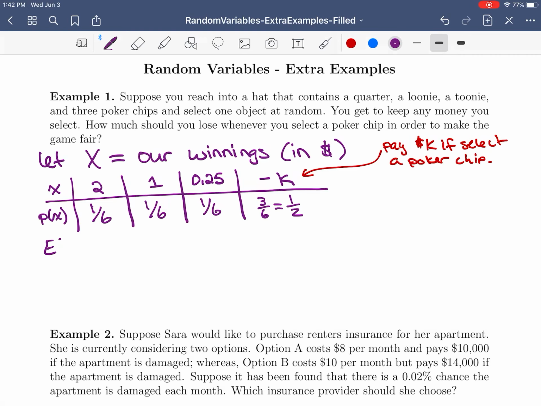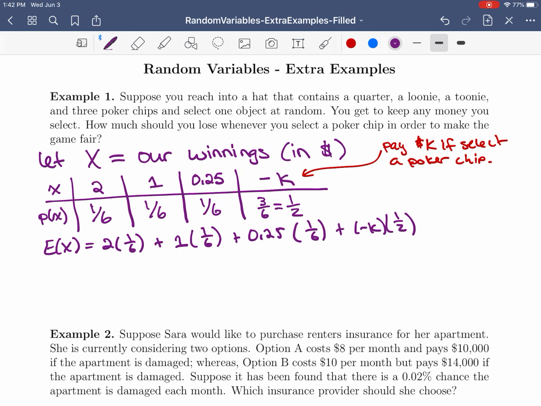So if we compute the expected value here, it's going to be 2 times 1 over 6, plus 1 times 1 over 6, plus 0.25 times 1 over 6, plus negative K times 1/2. If we simplify this, this is 1 out of 3 plus 1 out of 6 plus 1 over 24 minus K over 2.